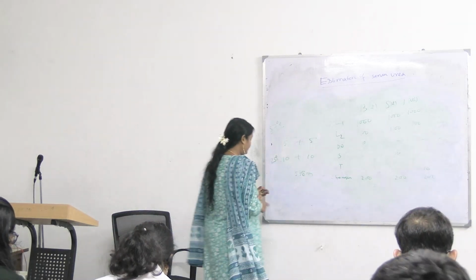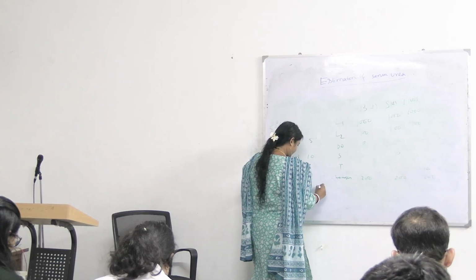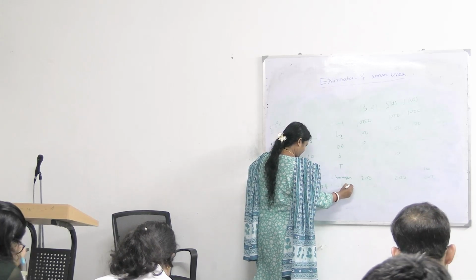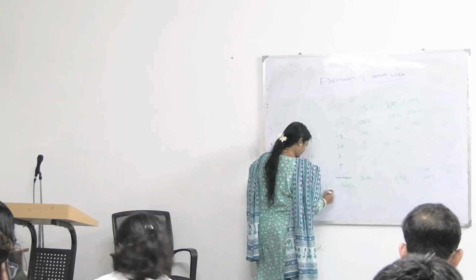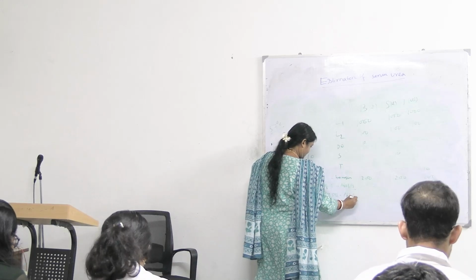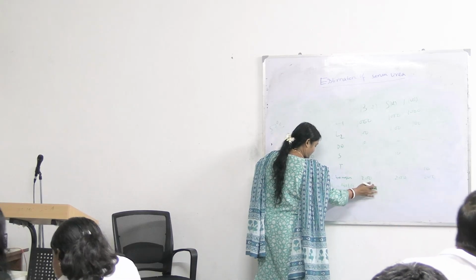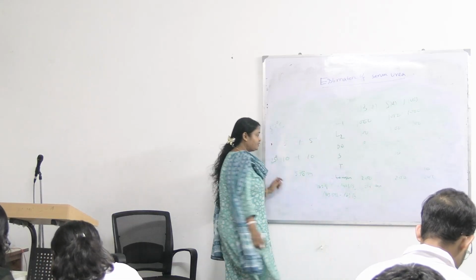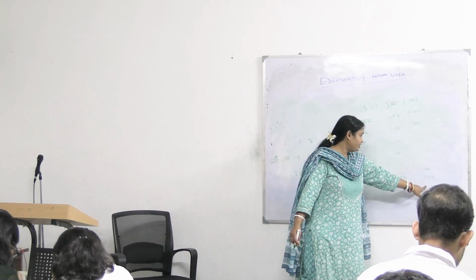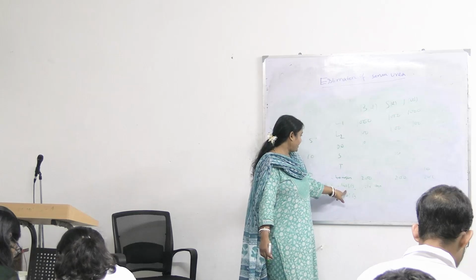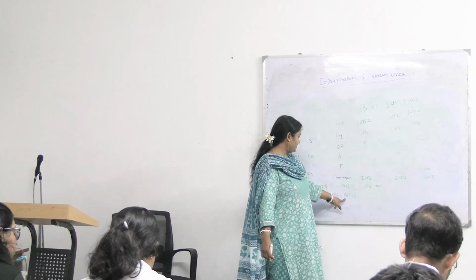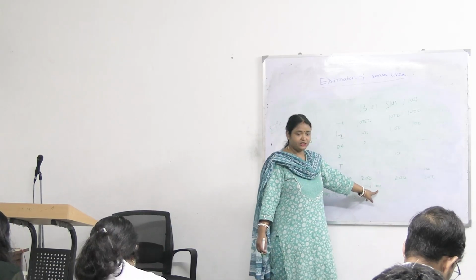This is the procedure. So, the absorbance of test you will get, and the absorbance of blank you will get, divided by absorbance of standard minus absorbance of blank, multiplied by the concentration of standard.